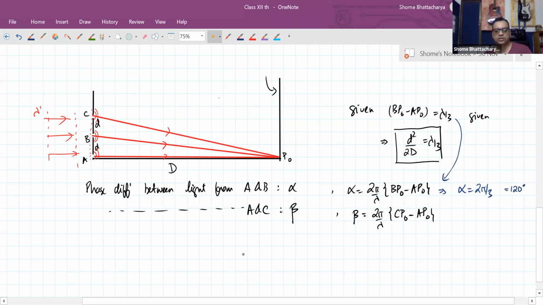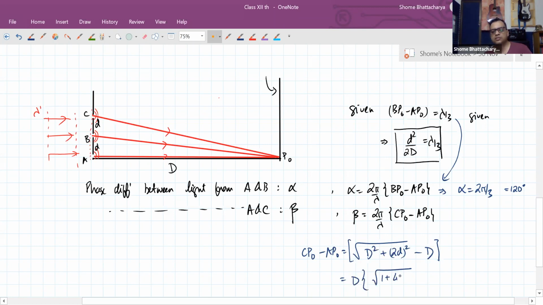Now let's find out what this is. Similarly, Cp naught minus Ap naught is square root of capital D square plus 2d whole square minus D. Same treatment we will do. We'll take the capital D outside. So this becomes square root of 1 plus 4d square by D square minus 1.